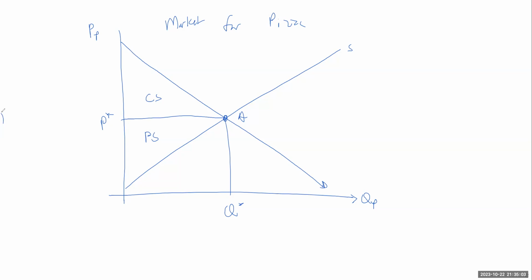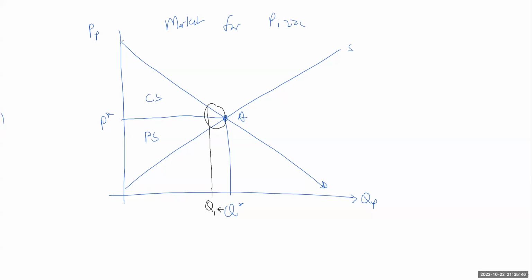All right, let's see what happens. A benevolent planner comes here and looks at this situation. Can they tweak quantity to make total surplus increase? Let's suppose they tweak it by reducing quantity slightly to here. If they did that, total surplus would be reduced by this amount here.